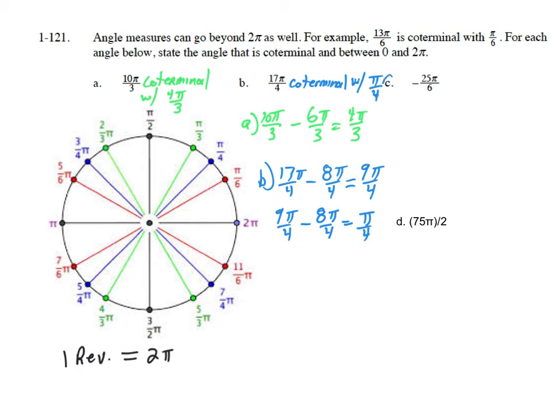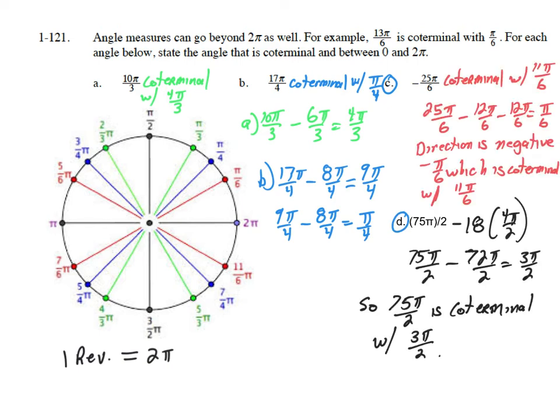Now I'd like you to pause this and try parts C and D. Okay, welcome back. In part C, you're going to negative 25 pi over 6. So a negative 25 pi over 6, without the direction of a negative, I'm going to be able to subtract 1 revolution, 2 revolutions, and that leaves me with pi over 6.